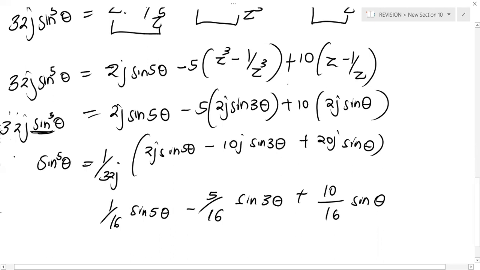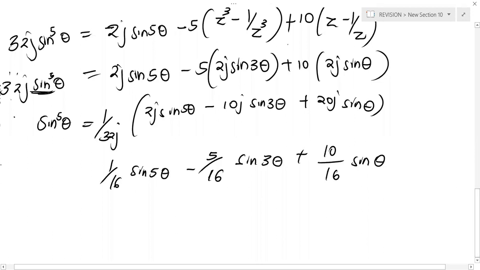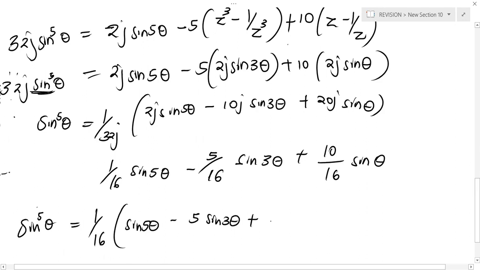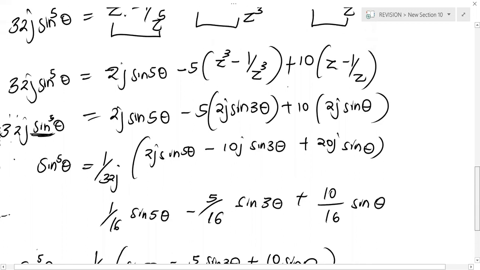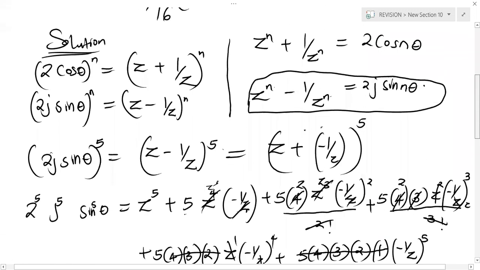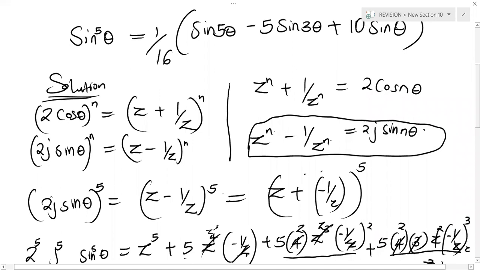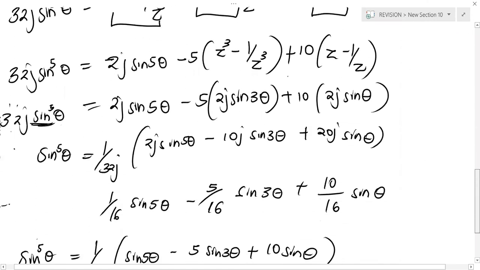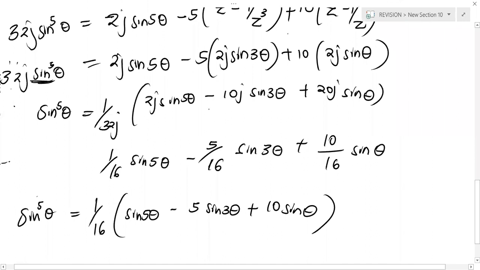So our sine raised to power 5 theta is hence equal to, factor out 1/16, sine 5 theta minus 5 sine 3 theta plus 10 sine theta. And is that what we were told to prove? So sine 5 theta minus 5 sine 3 theta plus 10 sine theta. Hence the proof. That's how you go about it.